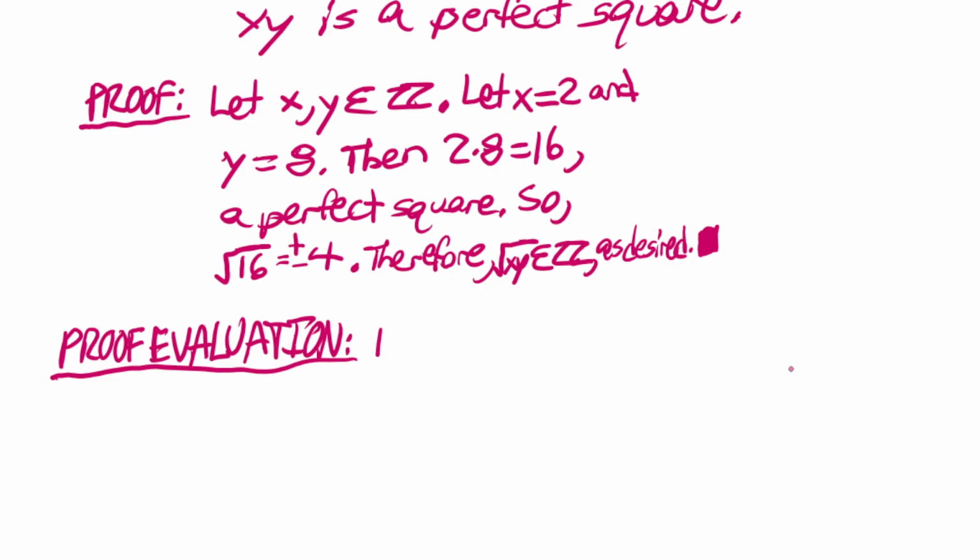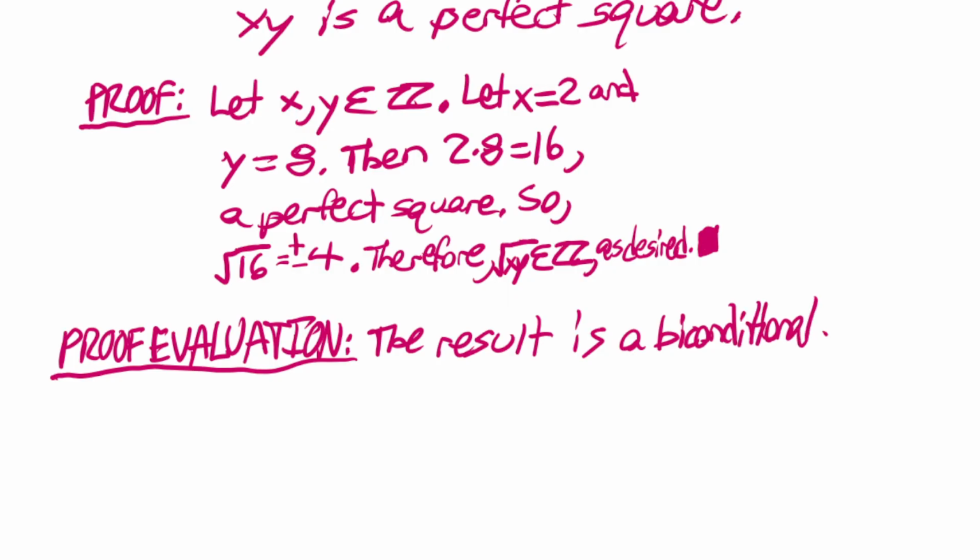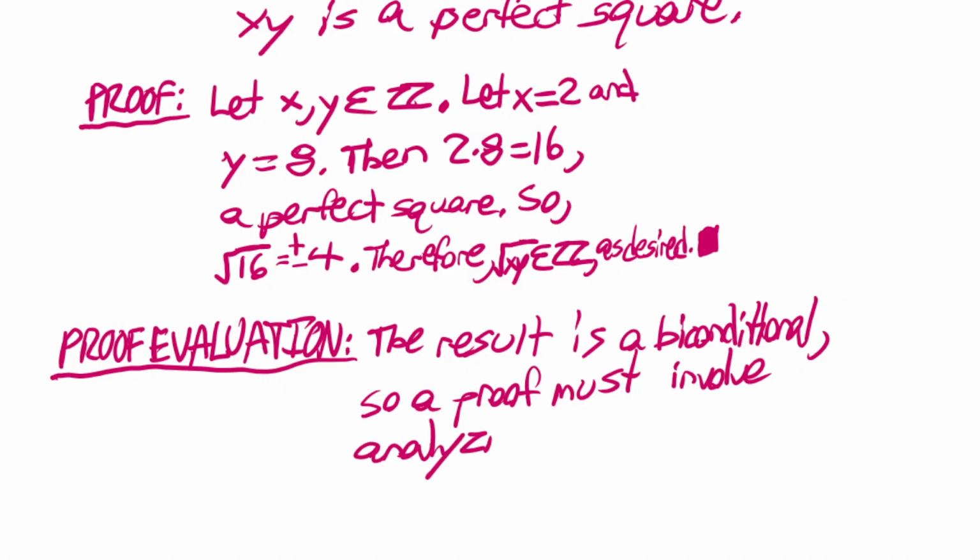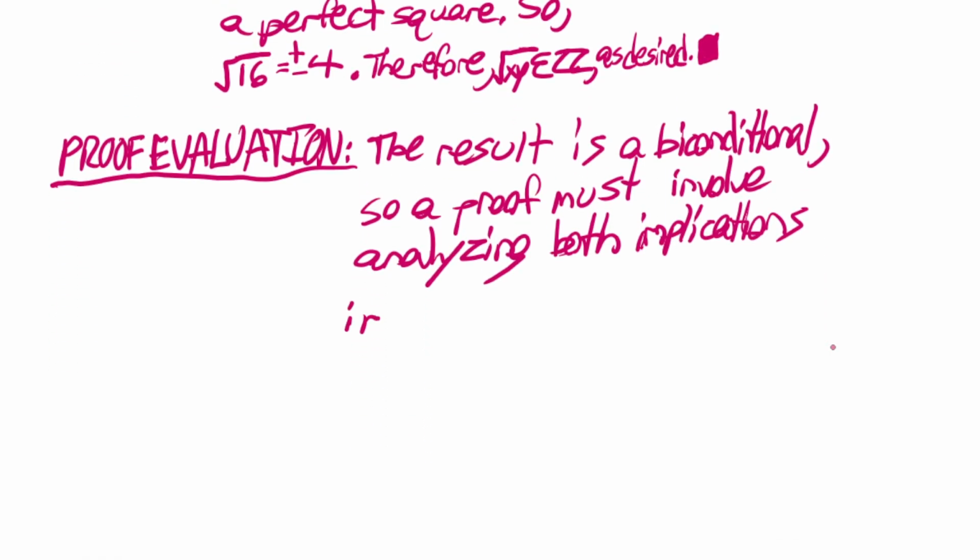So the result is a biconditional. So a proof must involve analyzing both implications instead of focusing on only one.